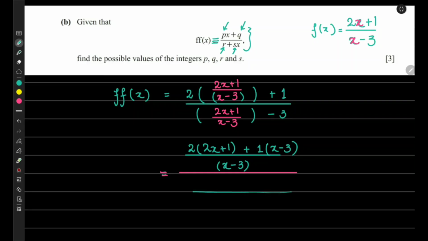And in the denominator also we have to take x minus 3 as common. We have (2x plus 1) minus 3 times (x minus 3).